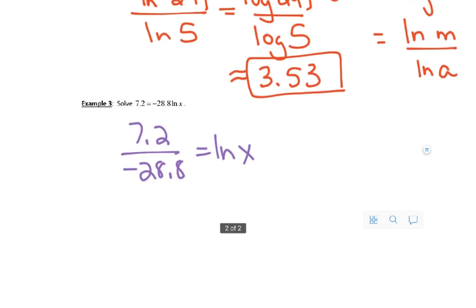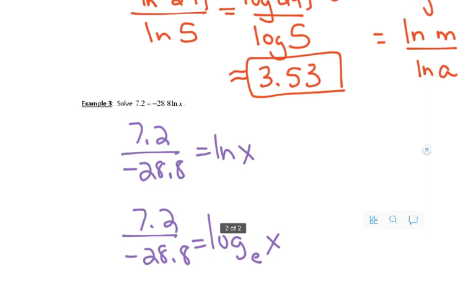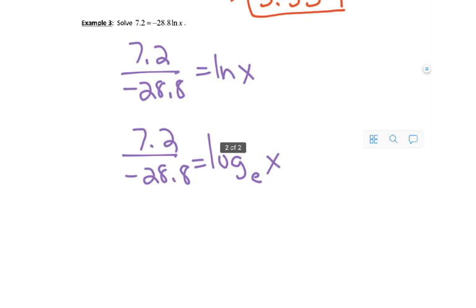The natural log is the same as the log whose base is e. If I remember that, then I can rewrite this equation in exponential form. In exponential form, it would be e raised to the 7.2 over negative 28.8 equals x.